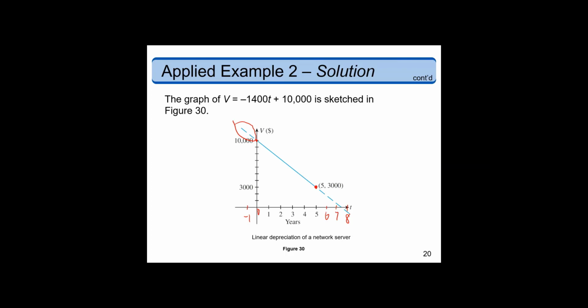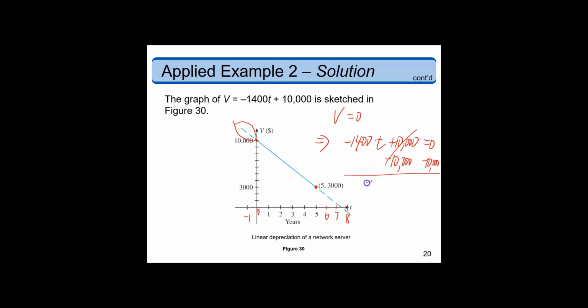If you want to know when the value becomes 0, to be exact, you can set V equal to 0. I mean, the value of the machine equals 0, that means negative 1,400 times t plus 10,000 equals 0. That comes from the linear function. Now we solve for time t by subtracting 10,000 from the equation.